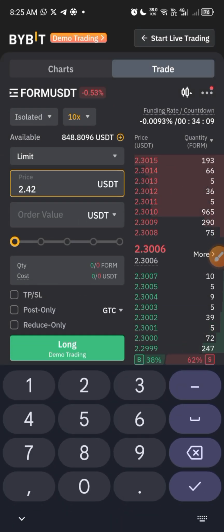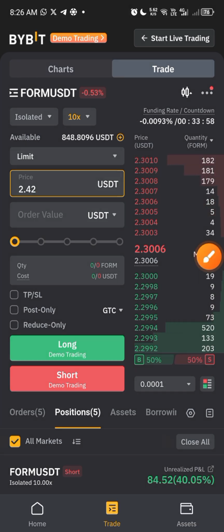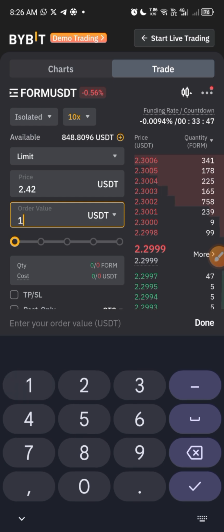Now, here is for you to put the amount you want to use to be buying. We are using 10x. So if you want to use $10, it means you have to put like 100 there. If you want to use $100, you have to put 1,000 because we are using 10x. So 1,000 divided by 10 will give you the real amount. So let me say I put 1,000 here.